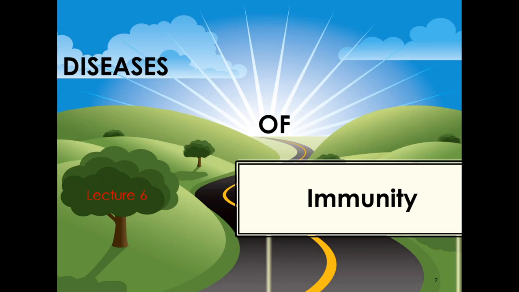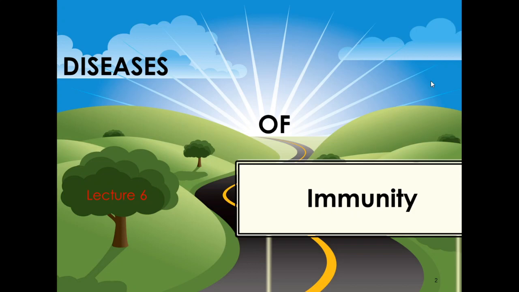But the immune system is itself capable of causing tissue injury and disease. Examples of disorders caused by immune responses include allergies or hypersensitivity reactions and reactions against an individual's own tissues and cells, or autoimmunity. So today we are talking mostly about these problems with the immune system.